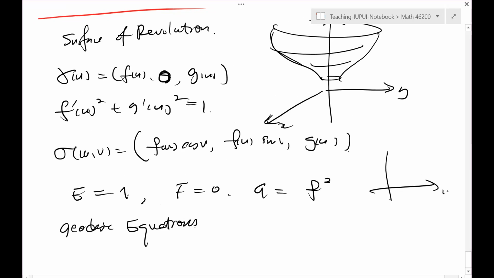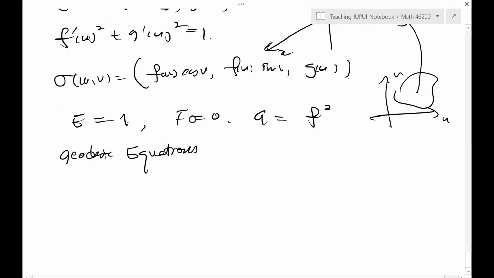So this is in the UV plane. So these are the geodesic equations for u of s and v of s.